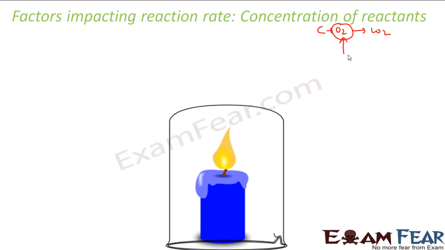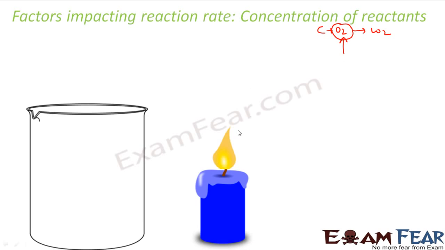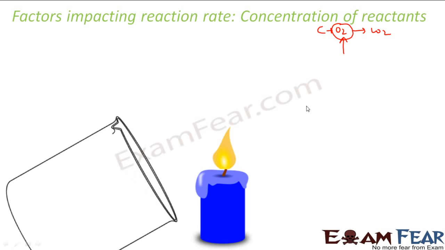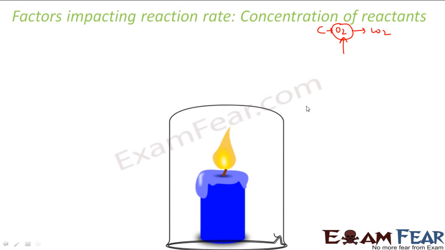Earlier, the concentration of oxygen was more and it was perfectly fine. Now the concentration of oxygen is diminishing, so the light is also less and finally it goes off. So the rate of reaction has a huge impact from the concentration of the reactants.